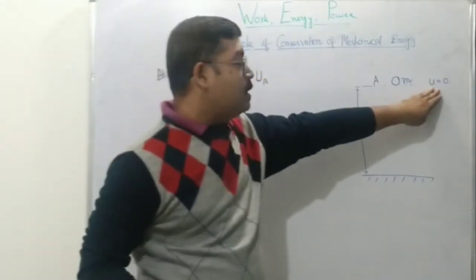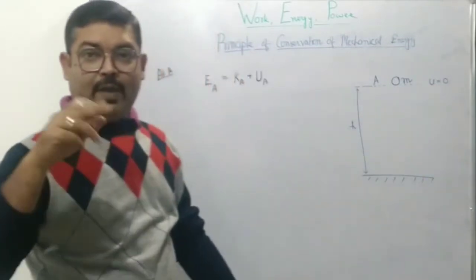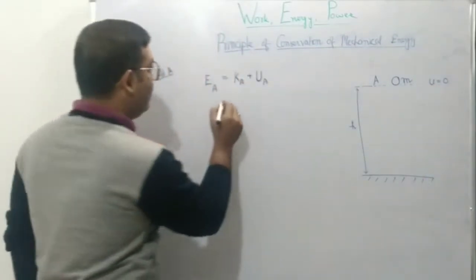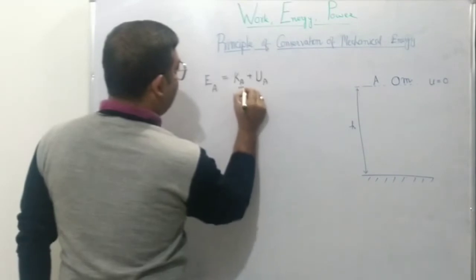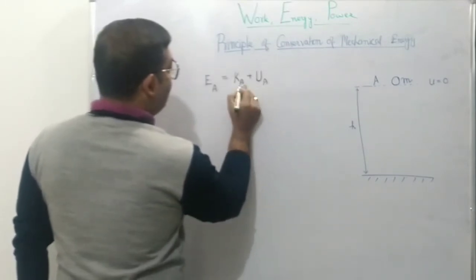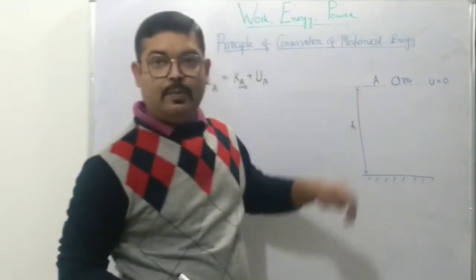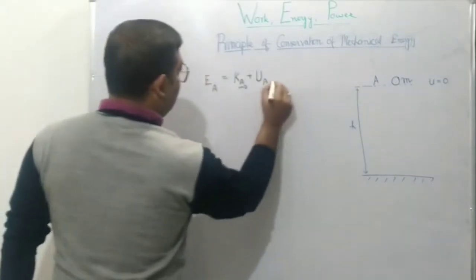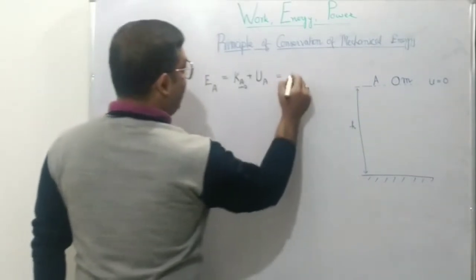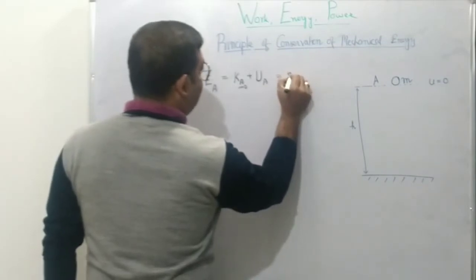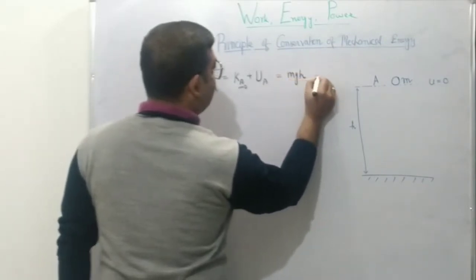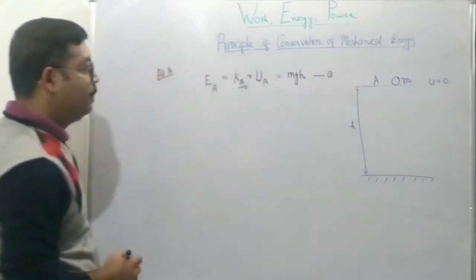Since the velocity is 0 here, half m v square, v is 0, so this will be equal to 0. Whereas potential energy will be at a height h, so it will be mgh. We already know this. So total mechanical energy at A will be mgh. This is equation number 1.